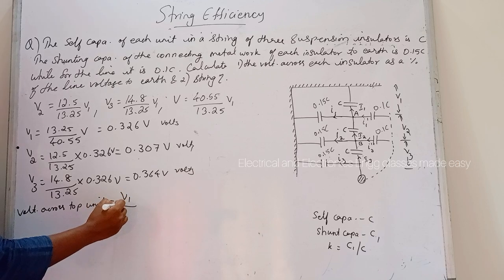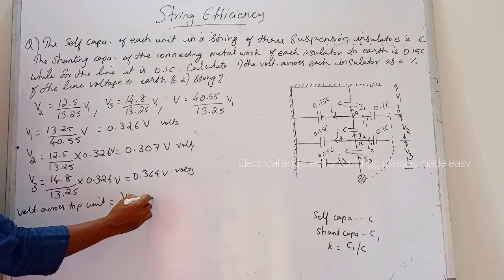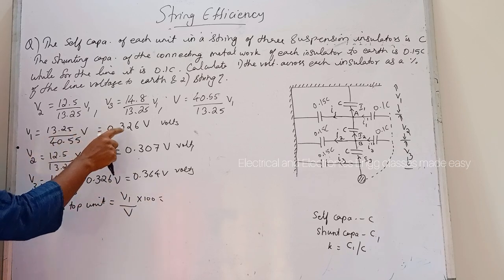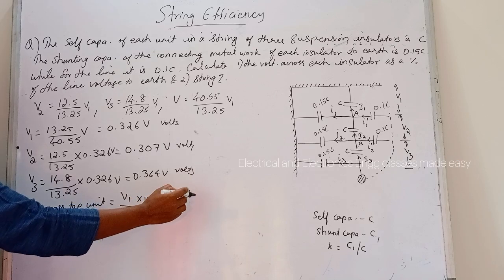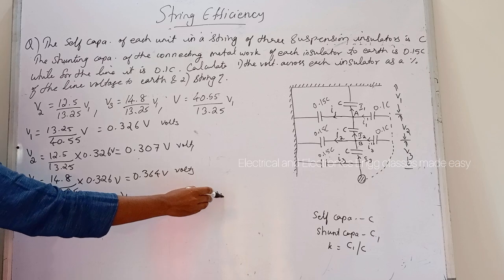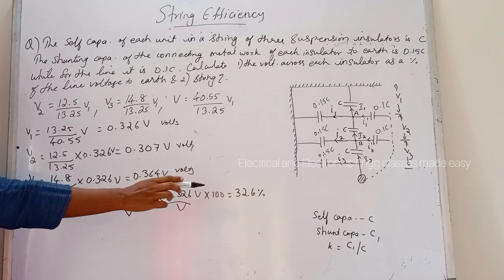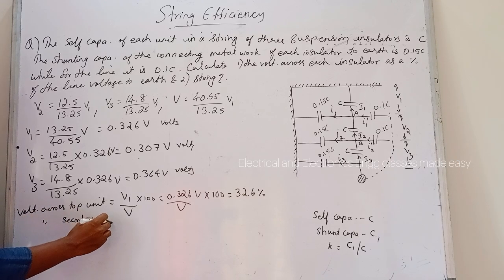So V1 divided by total voltage, that is V. V1 divided by V into 100. Then what is V1? So V1 is 0.326 V. So 0.326 V divided by V into 100. So it is 32.6%.